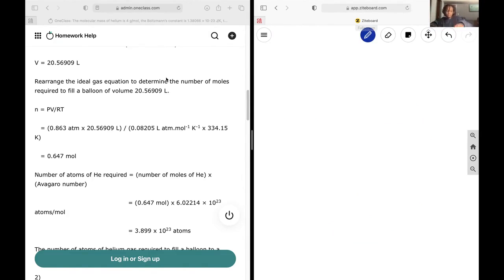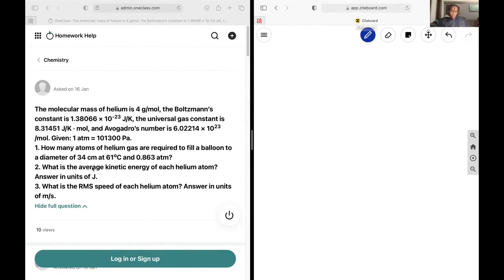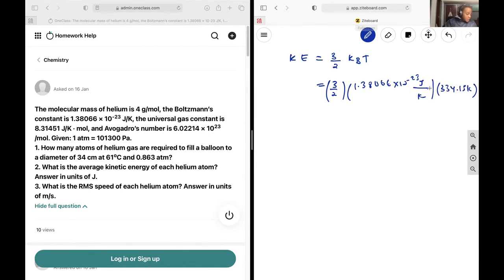Let's move on to part B. So for part B, we want the average kinetic energy of each helium atom. And we know that the kinetic energy can be stated as 3 over 2 times the Boltzmann constant by the temperature that you have. We have been given all of these values, so it's going to be 3 over 2 multiplied by 1.38066 by 10 to the negative 23 joules per Kelvin, and then 334.15 Kelvin. This is the temperature that we're at.